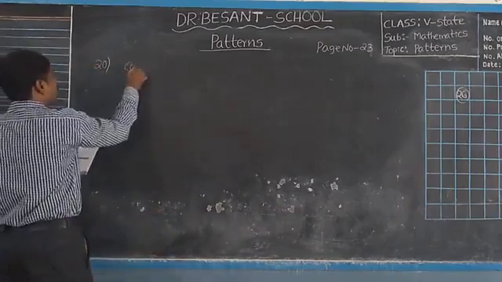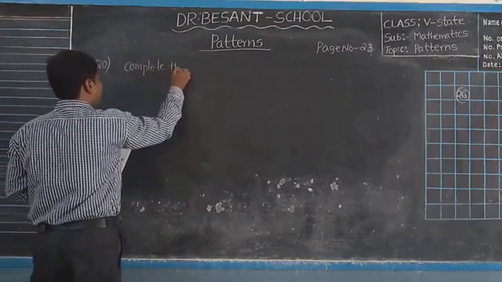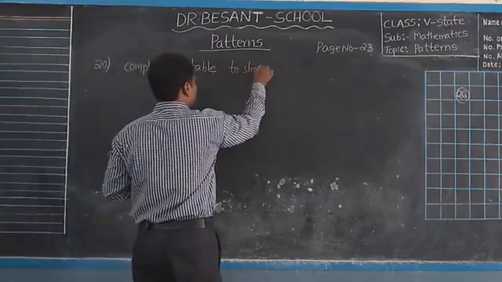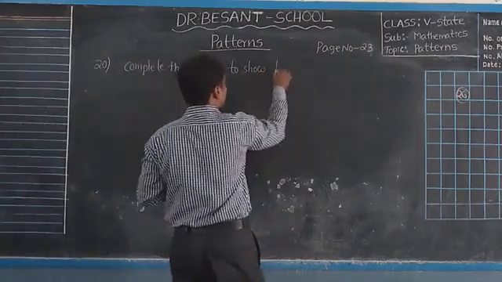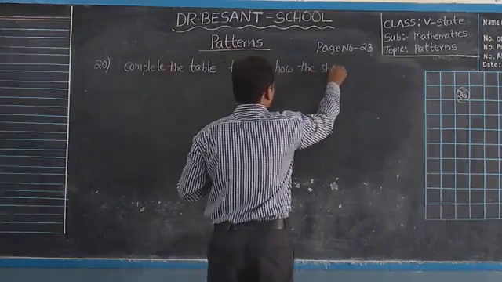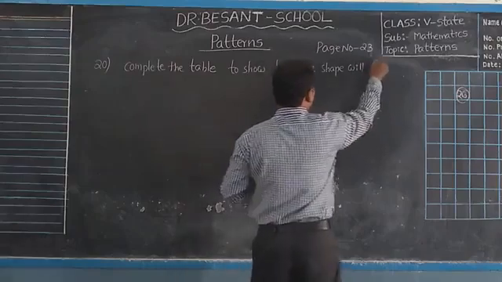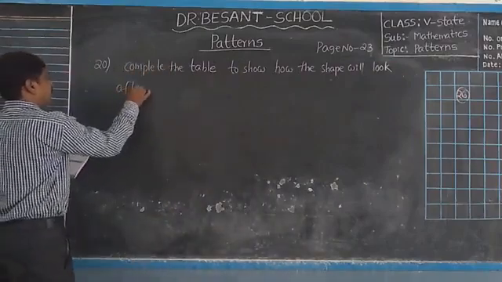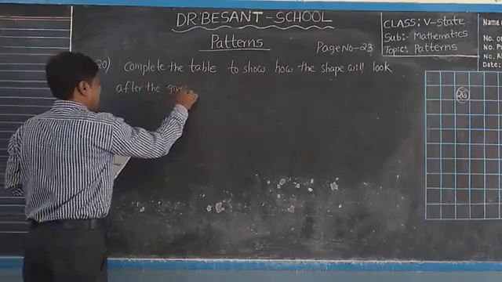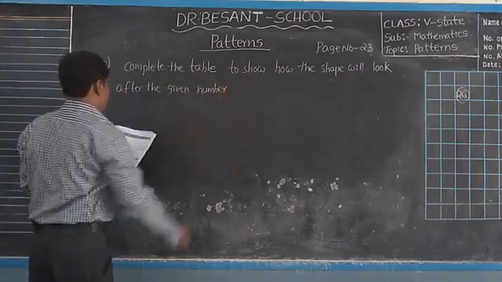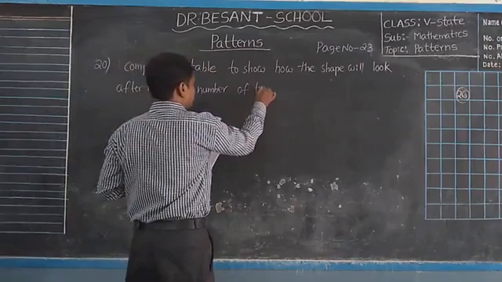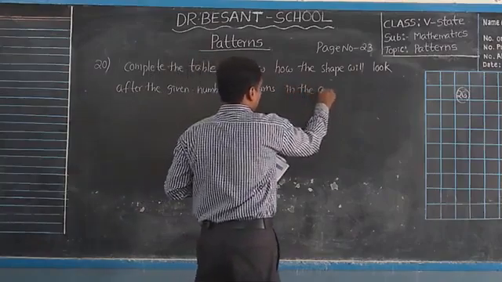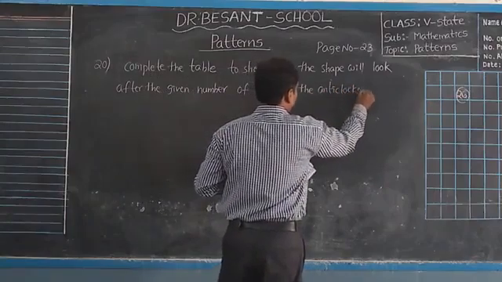So complete the table to show how the shape will look after the given number of turns in the anti-clockwise direction.